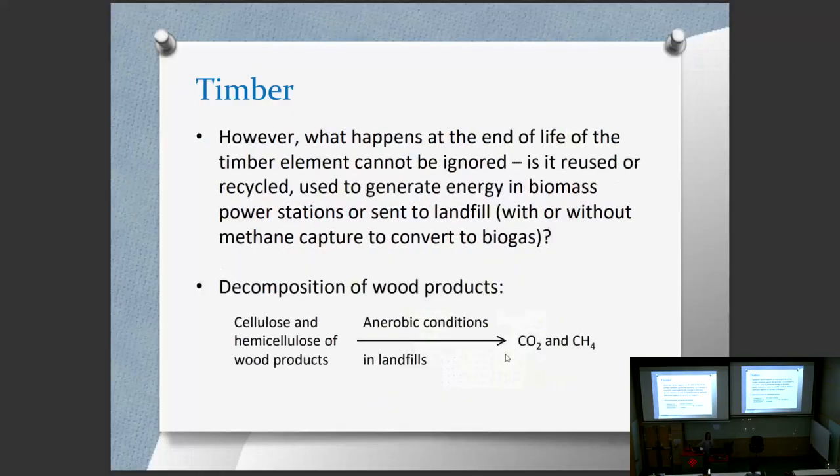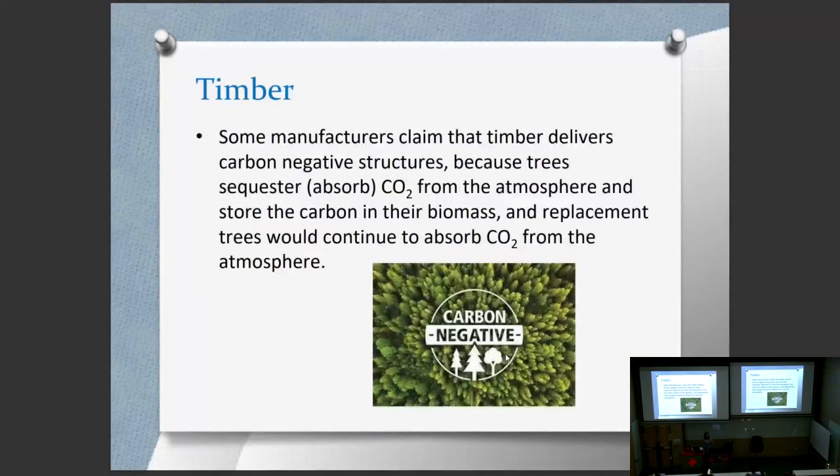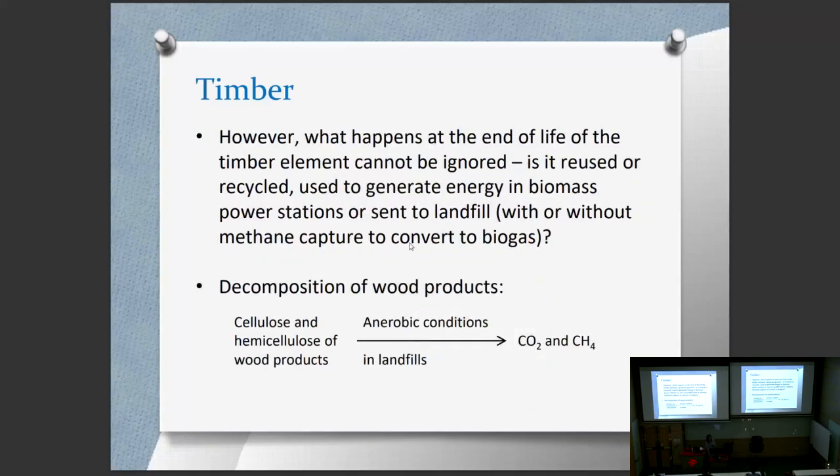However, what happens at the end of life of the timber element cannot be ignored. Yes, it is carbon negative until it is thrown away. So how will you treat it at the end of its lifetime? It matters a lot.